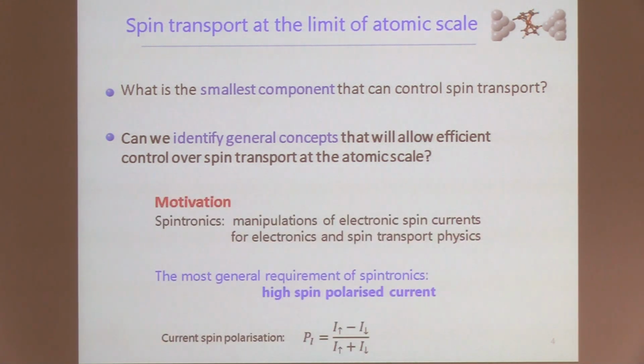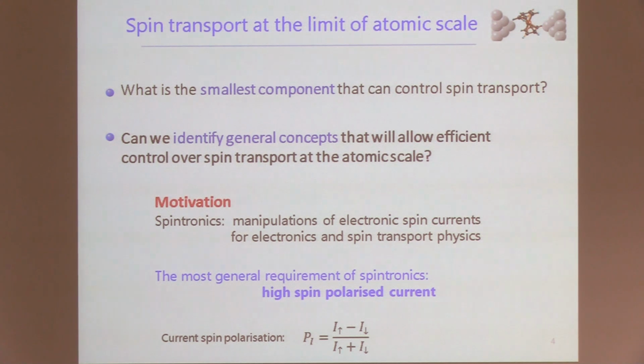The motivation is, of course, spintronics at the atomic scale. For spintronic applications, we need a spin polarized current, right? Current spin polarization we can define as I up minus I down divided by the total current, I up plus I down.